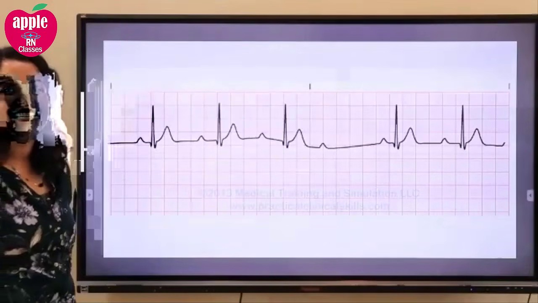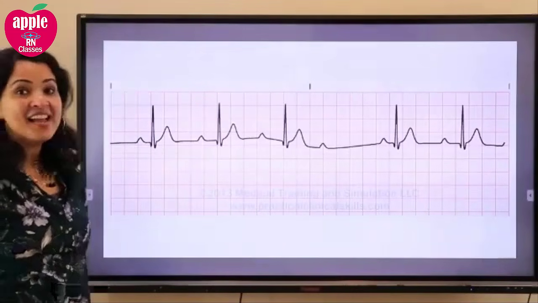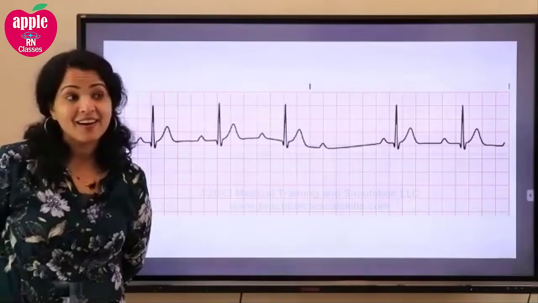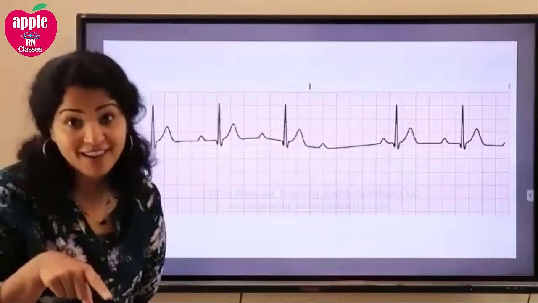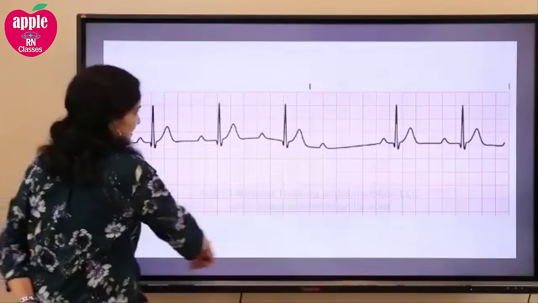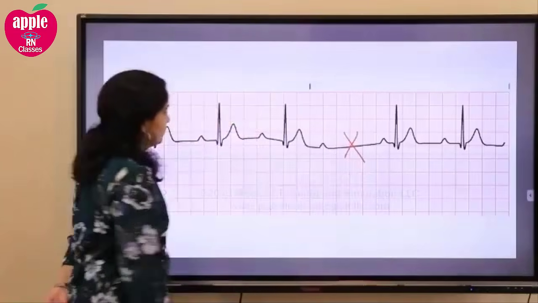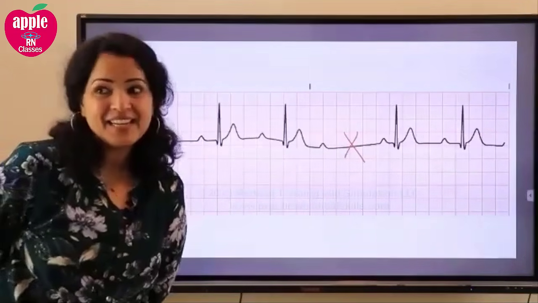Okay. Nimi, Danya, Shiti, Tracy. If you look at that, one thing we can eliminate for sure is that it is not first degree, because there is a dropped QRS. You see that, right? So it's not first degree.